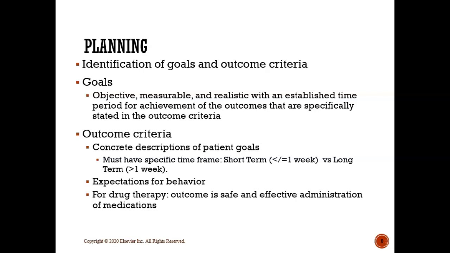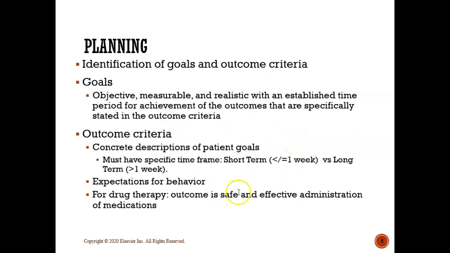So outcome criteria, the first thing is, when do you want to achieve that goal? So is it a short-term goal? Is it a long-term goal? So short-term is something that's less than a week. Your long-term is something greater than a week.